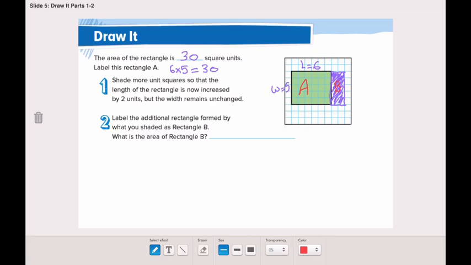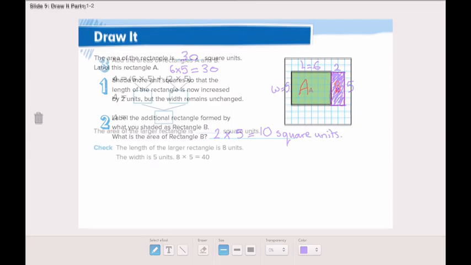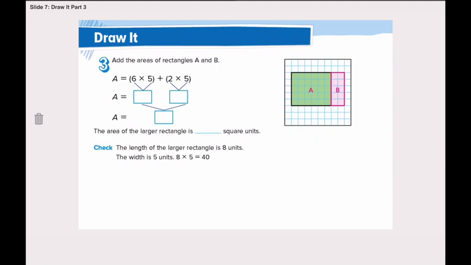Now what is the area of rectangle B? Let's count together. Here we have 2 and 5. So 2 multiplied by 5 is 10 square units. Now, what is the area of rectangles A and B?